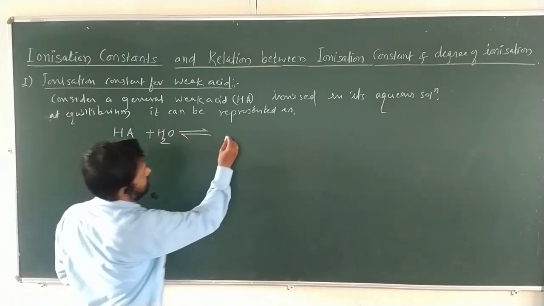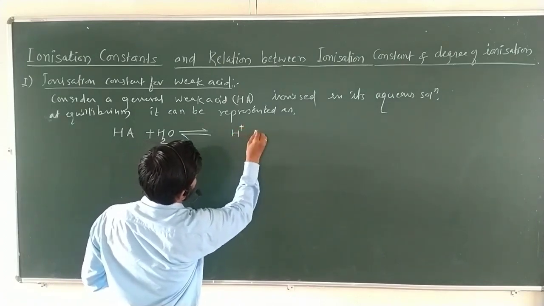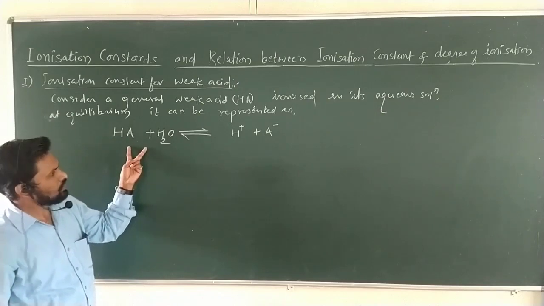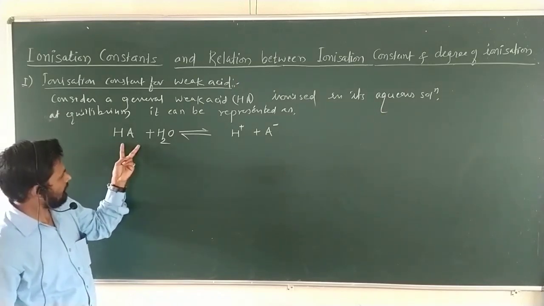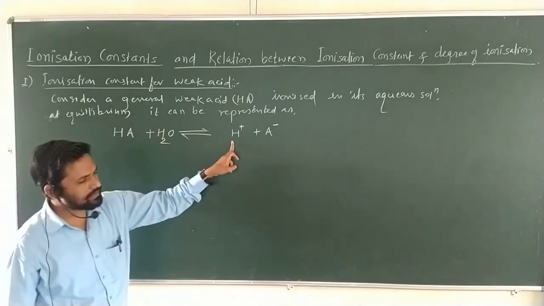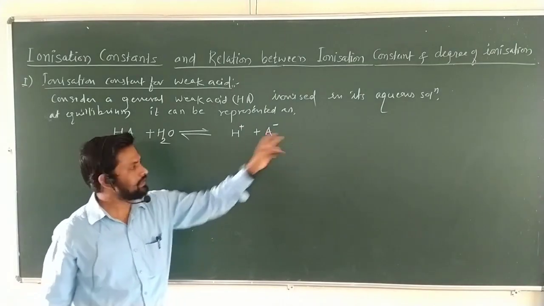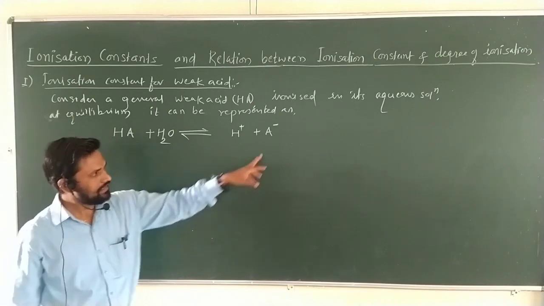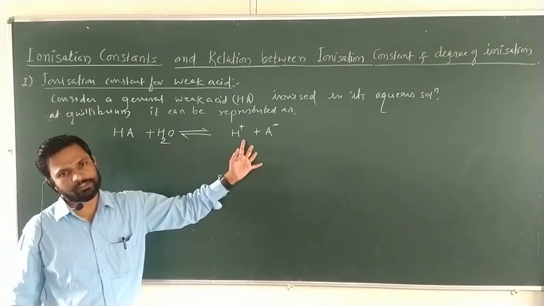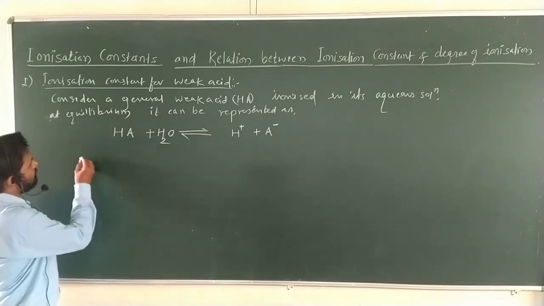HA is ionized as H plus and A negative, the positive ions and the negative ions. This is the equation, which we can represent at equilibrium.